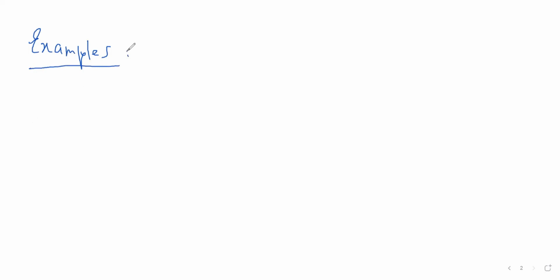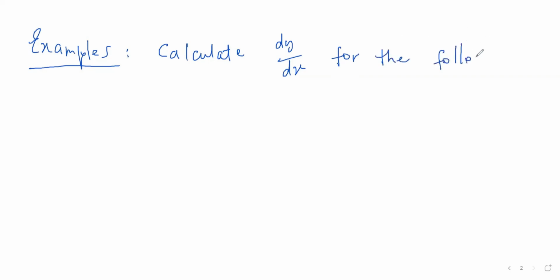Okay, so in each of these examples, we have to calculate dy dx. Calculate dy dx for the following. Number one, y is equal to cos of 2x squared.